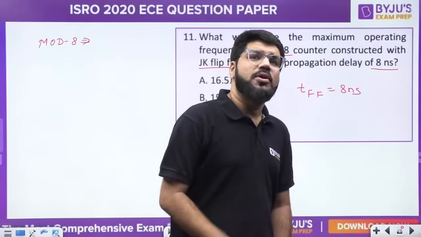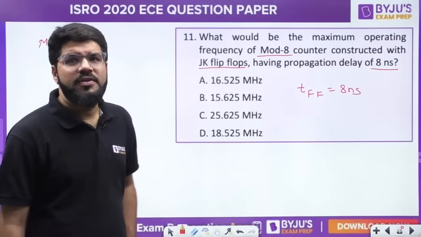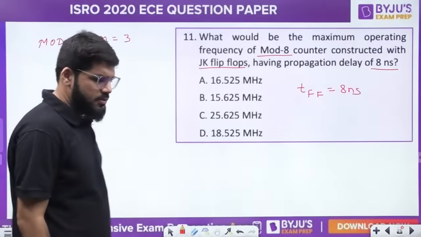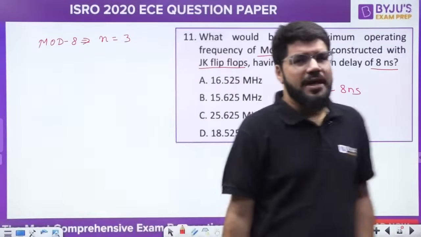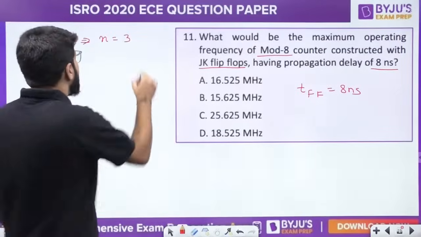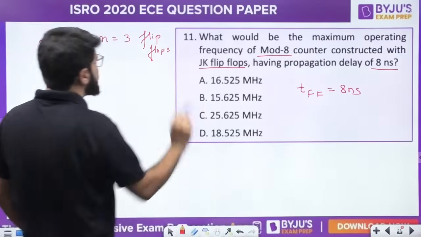They have given the modulus of the counter, so how many flip-flops would be required? We can take n equal to 3 flip-flops. For 8 states, ideally 3 flip-flops are sufficient. Every bit is one flip-flop.